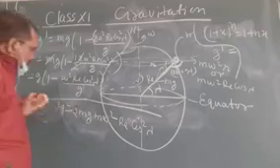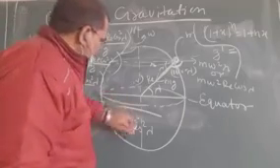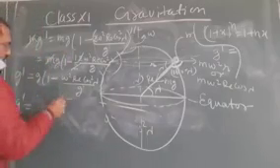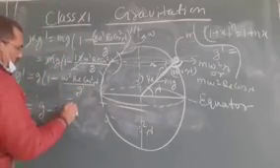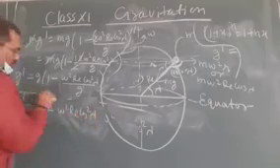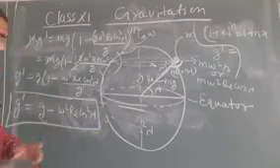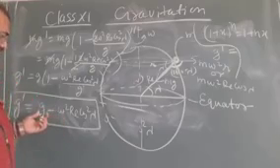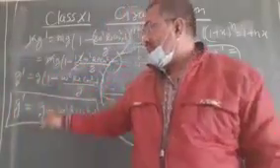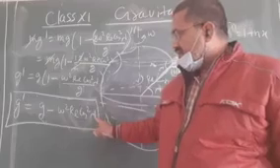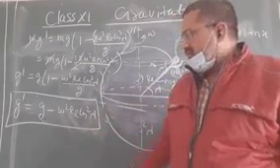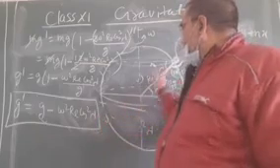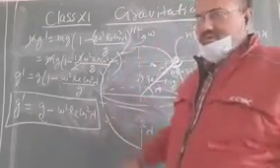Further we can write g dash equals g minus omega square r cos square lambda. You should remember this formula. It is very important because it is the formula at latitude lambda. If lambda is 0 degree, the body is at the equator. If lambda is 90 degree, the body is at the pole.